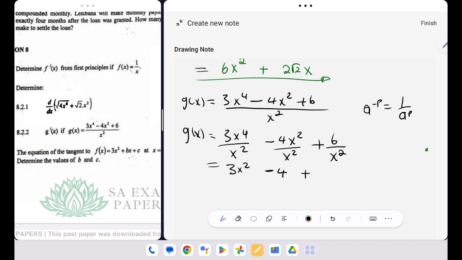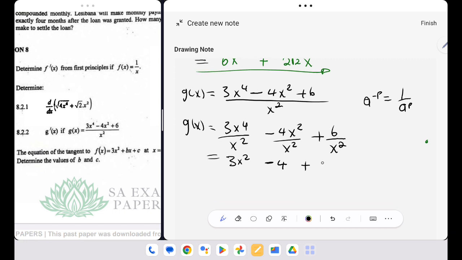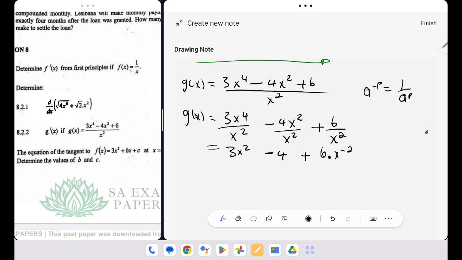That says if ever I want to move a term from the denominator to the numerator, I must just change the sign of its exponent. So in this case, I'll have 6 times x to the power minus 2. This thing is equal to g of x.